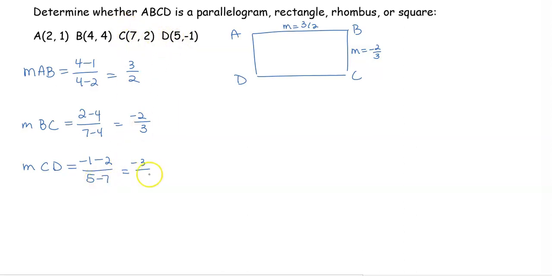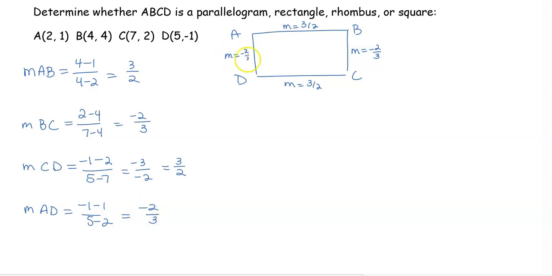So 5 - 7 is going to give us a -2. A negative over a negative is going to make that a +3/2. And then our last slope is our last side of AD. So here's coordinate A and here's D. -1 - 1, 5 - 2 gives us a -2 over a +3.